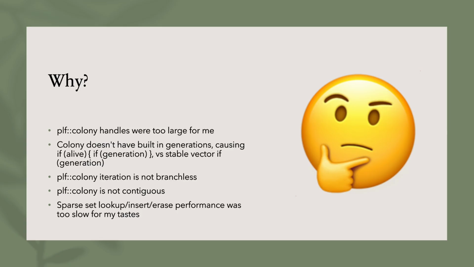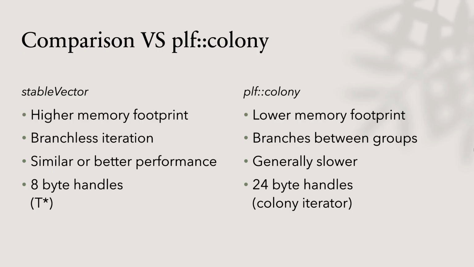So I was kind of annoyed that it wasn't contiguous, and I decided as a challenge to make a contiguous version. Then I looked into the code of Colony and I saw that the iteration wasn't branchless. He used a branch between the group blocks because it wasn't contiguous. So I removed that branch and I made it contiguous, and I actually found a lot of other benefits along the way. So it ended up being useful to do this.